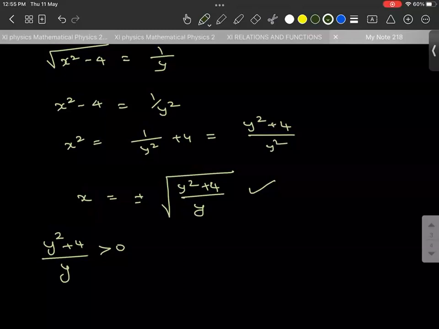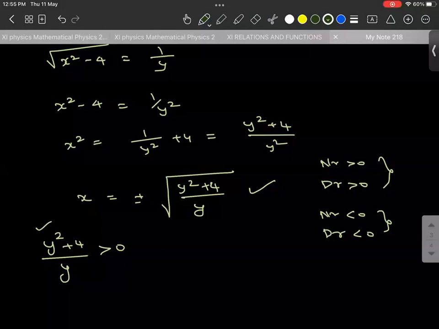So when can a ratio be positive? A ratio can be positive when the numerator is positive and the denominator is positive, or the numerator is negative and the denominator is negative. They both should happen simultaneously. Now, y square plus 4 by default is always positive.